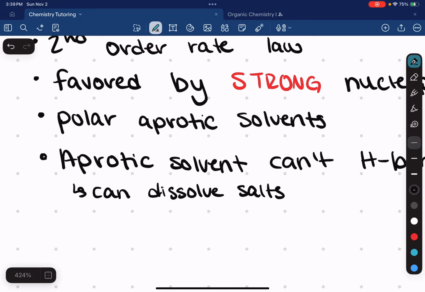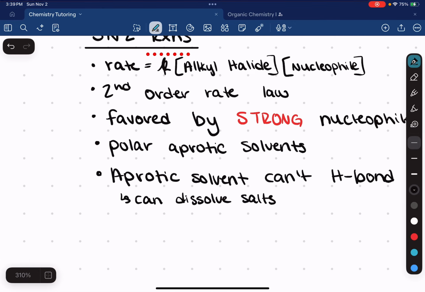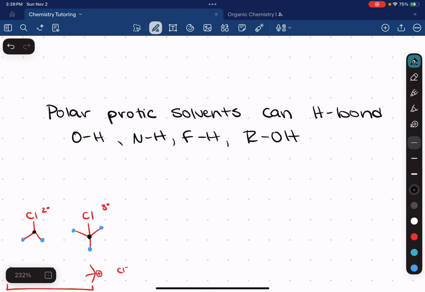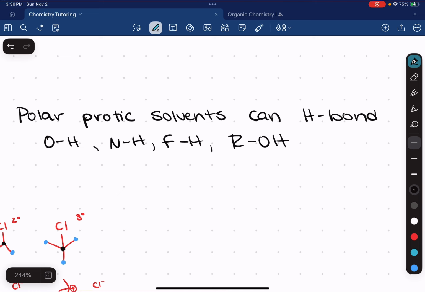So, when we talk about what can hydrogen bond, how is fluorine not on the list? Let's go back over here. It is on the list, my bad, sorry. It's still reactive, but, wait. Actually, I don't even know why that's on there.